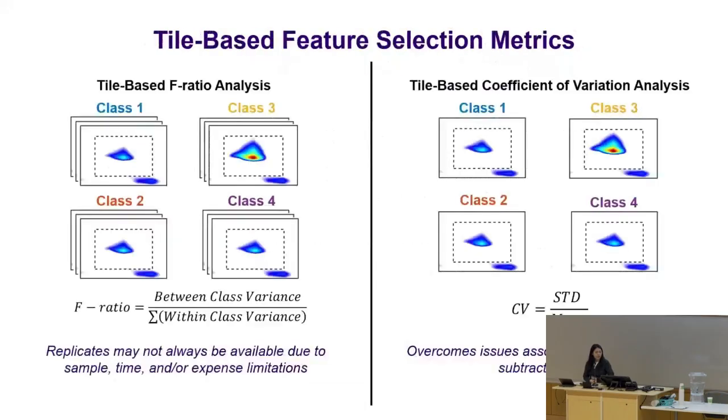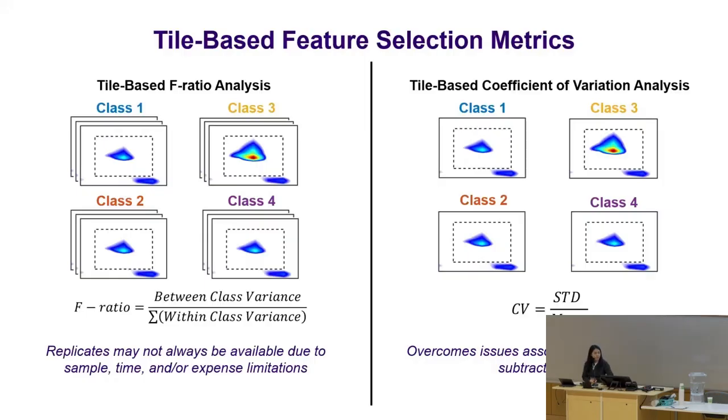When we do not have replicates available, we can actually perform a tile-based coefficient of variation analysis. This utilizes a metric called the coefficient of variation, CV for short, calculated as the standard deviation over the mean value. This metric will discover analytes with statistically different concentration changes with only one replicate needed.